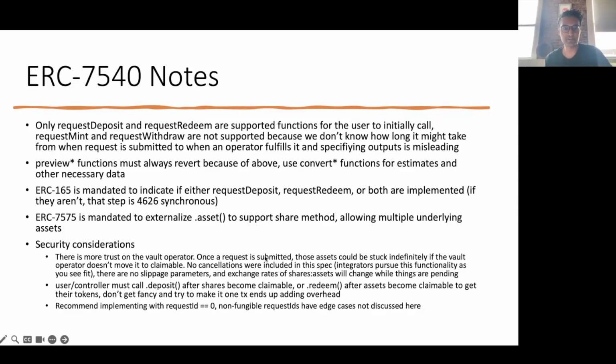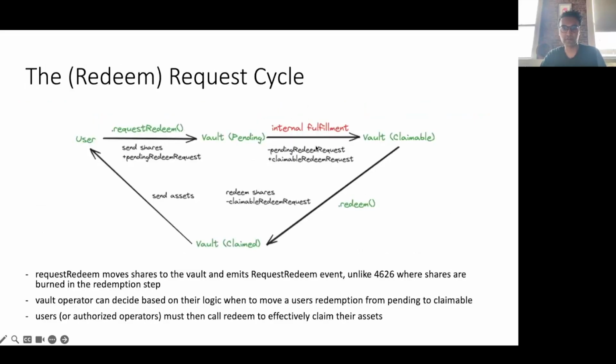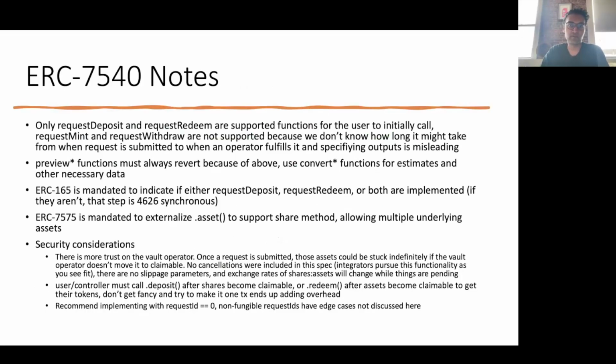Some security considerations in creating this. Implicitly in 7540, there's way more trust in the vault operator, right? Because this entire internal fulfillment step is totally off chain and not standardized. So they can do whatever they want. Technically, if the vault operator doesn't move it to claimable, assets could be stuck in the vault.